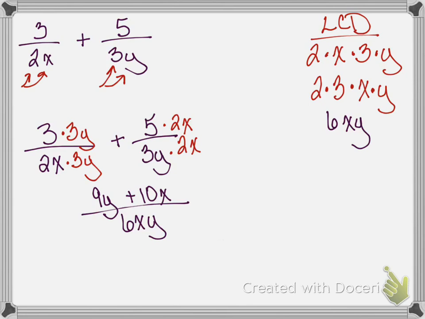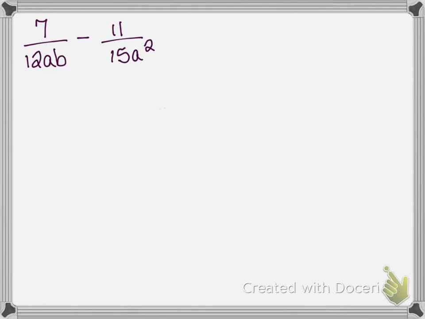Okay. So now I have 7 over 12ab minus 11 over 15a squared. I'm going to break down both denominators, and it's easier to see if we break these down.